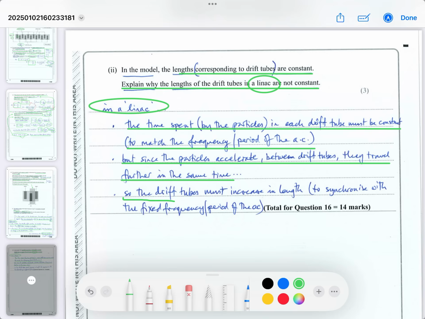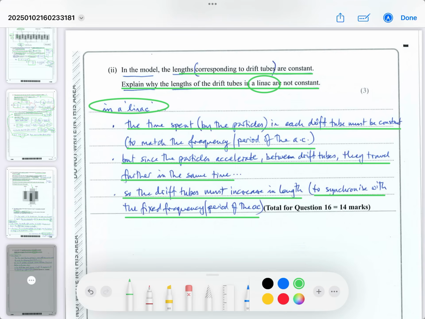So the drift tubes must be designed to increase in length, so to synchronize with the frequency of the supply, yes? Or you could say to synchronize with the period of the supply. So as soon as they exit the drift tube, the AC power supply will make sure that the drift tube in front of the charged particle will be the correct polarity to accelerate the electrons.